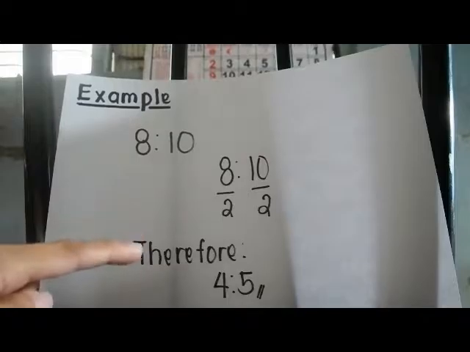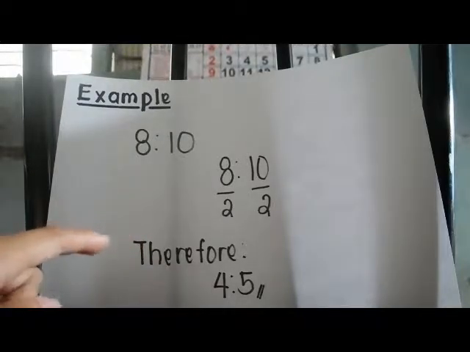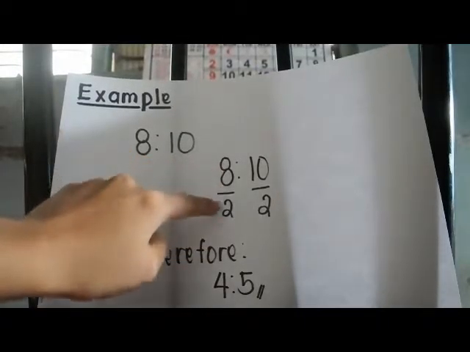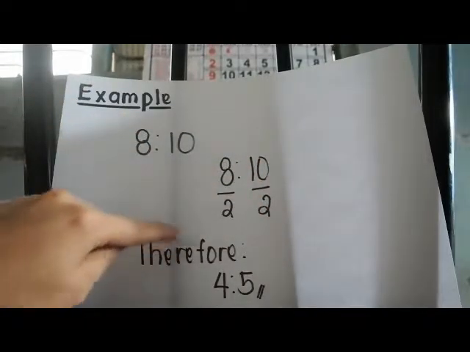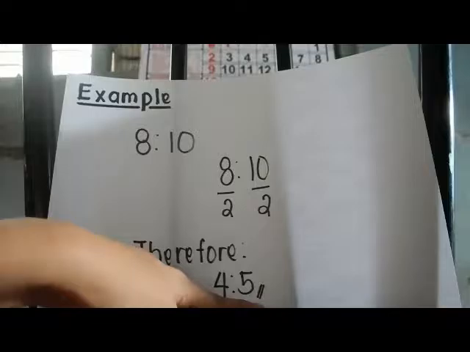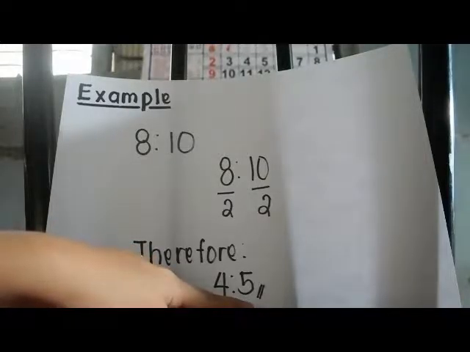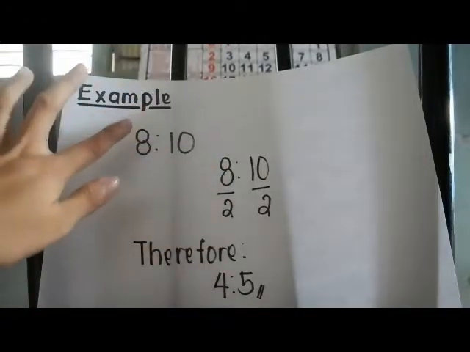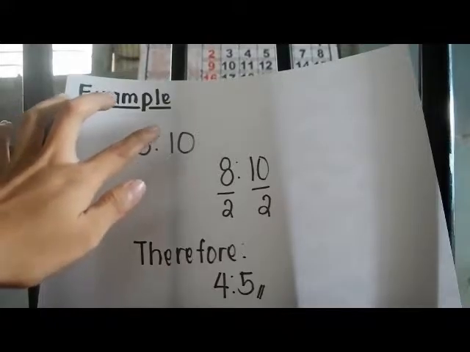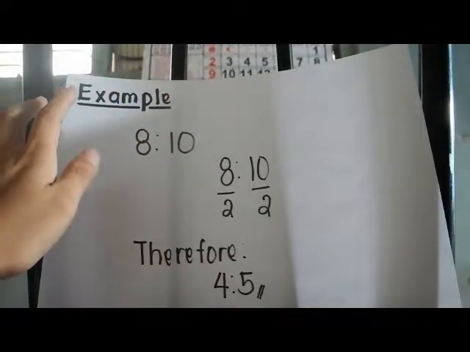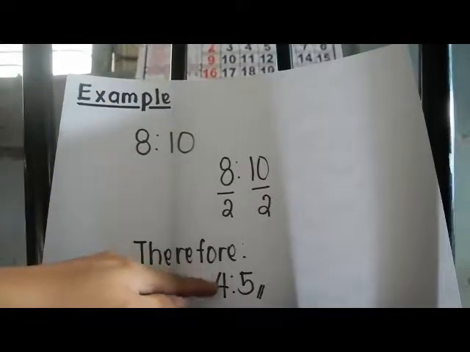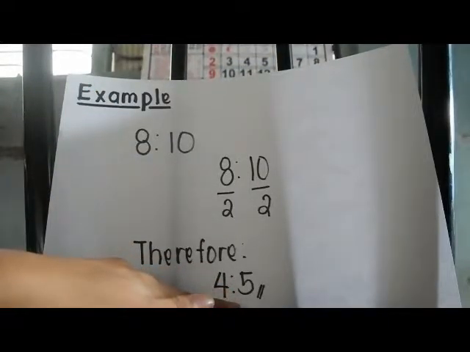Then we can divide them by 2. 8 divided by 2 and 10 divided by 2. Therefore, we get 4 is to 5. This is the simplest form of this ratio, because we cannot find another number that will divide 4 is to 5 equally.